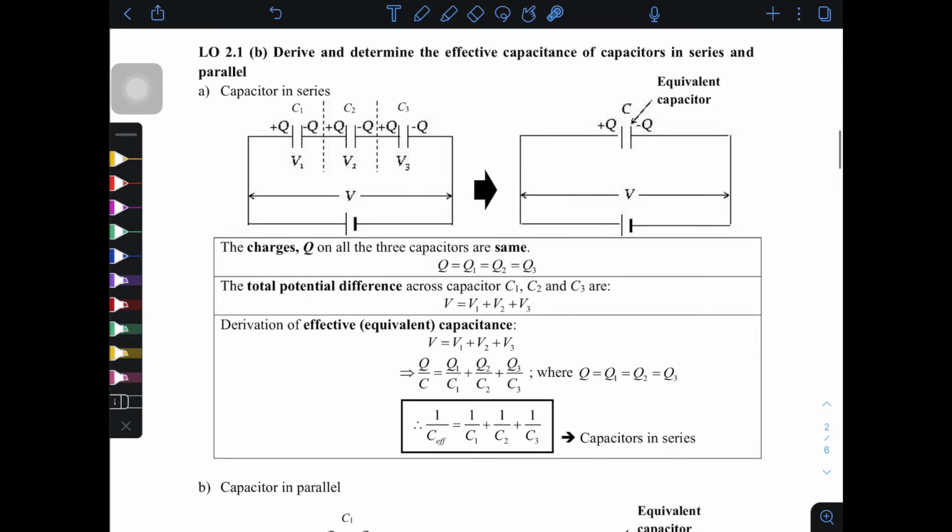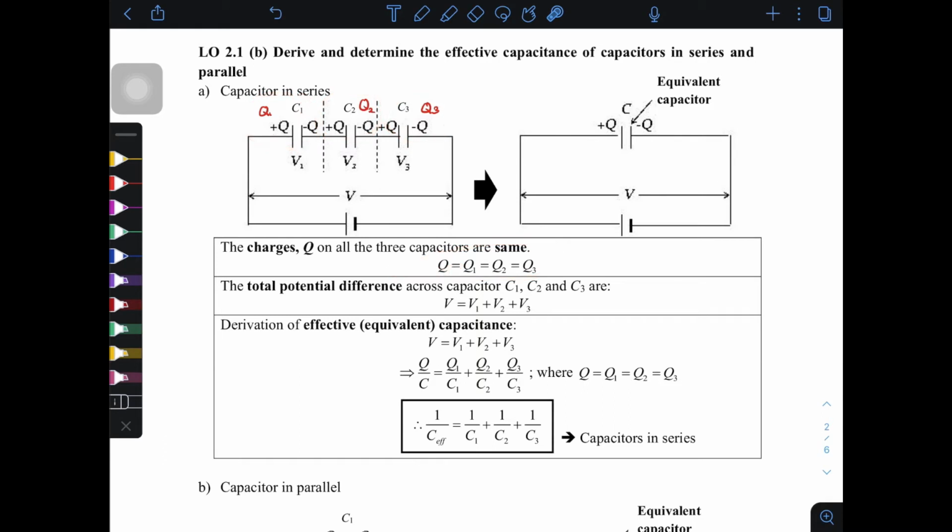Okay, so before that, a capacitor in series, we have three capacitor here, C1, C2 and C3. So, bila dia berada dalam keadaan series, the charge on all three capacitors are the same. So, dekat sini, C1 akan ada Q1, akan ada Q2 dan akan ada Q3. Both of the capacitor charge in C1, charge in C2, charge in C3 are the same dengan Q total.